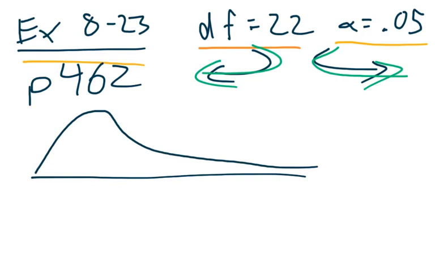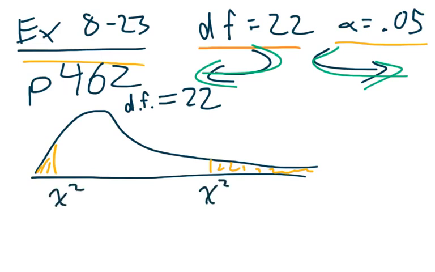Okay, so what's the procedure for this? Well, first of all, let's get a quick sketch of what it is that we're looking at. Remember, whenever I sketch my distribution curve, I usually like to remind myself what the degrees of freedom are. So 22 degrees of freedom for that one. And we're going to be finding these critical chi-squared values.